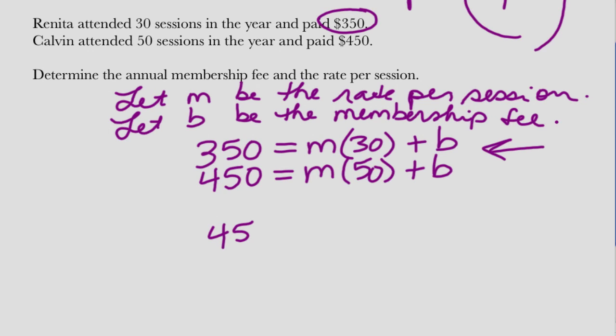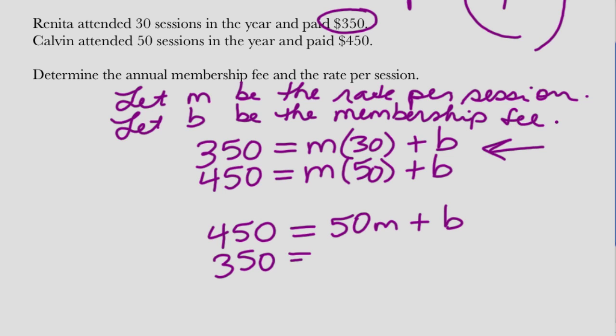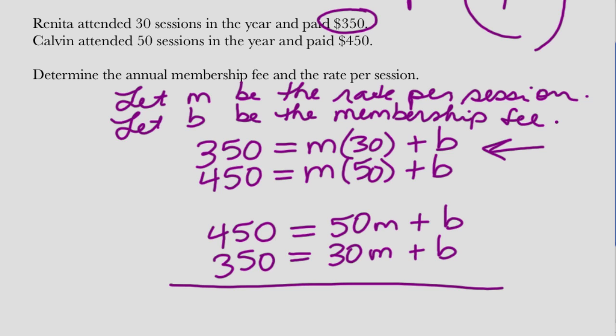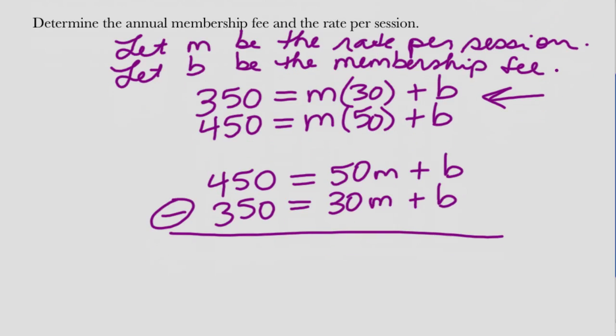I might put the 450 on the top, and I'm going to write it like 50m, and the second one I might write underneath just because it's a smaller number, and I'm going to write it like 30m. When I choose to subtract, I'm going to solve this by elimination. So I am subtracting 450 minus 350, and that's 100. 50 minus 30 is 20m, and b minus b would cancel out.